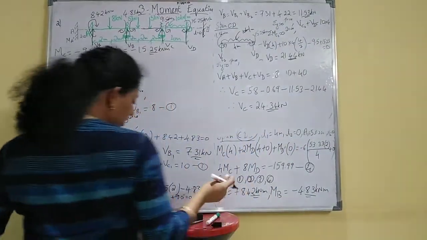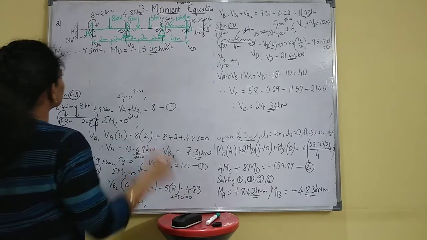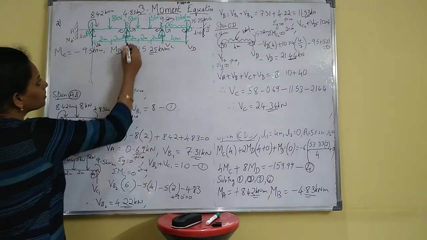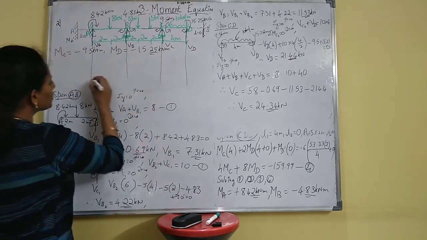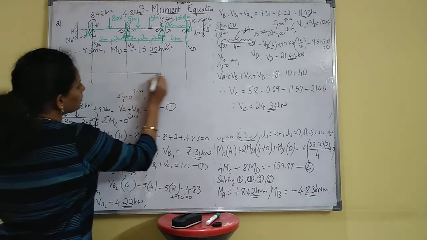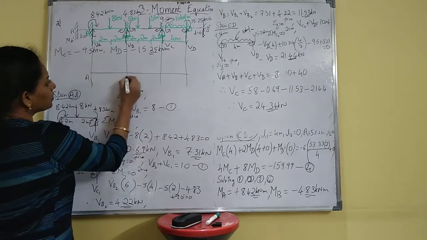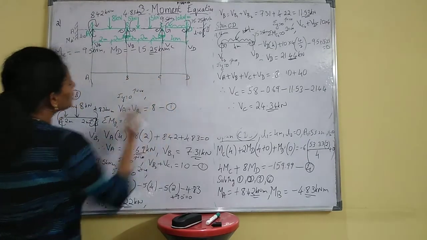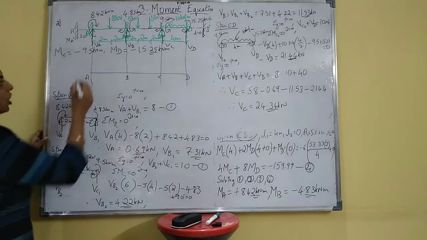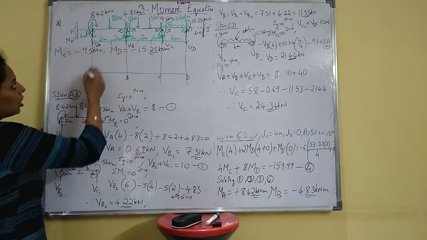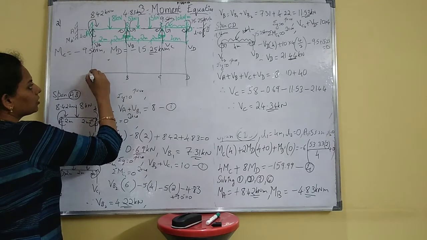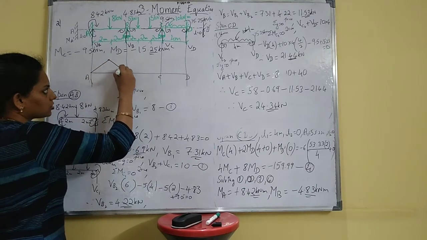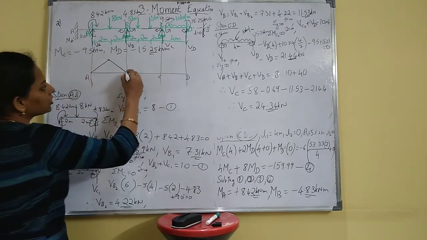Now I'll draw the BMD. So A, B, C, D. First mark the joint moments, or for simply supported, what is your bending moment diagram? Just draw that. This is 8 kilonewton meter.